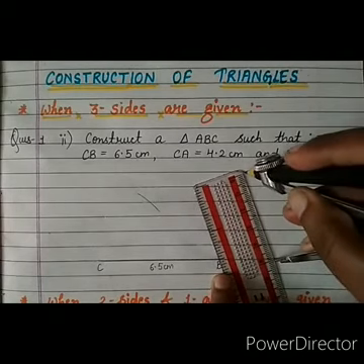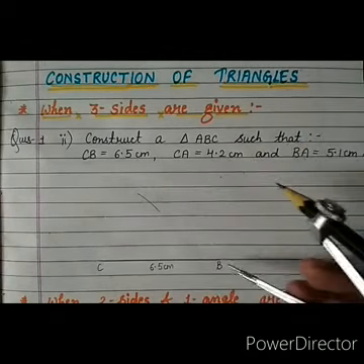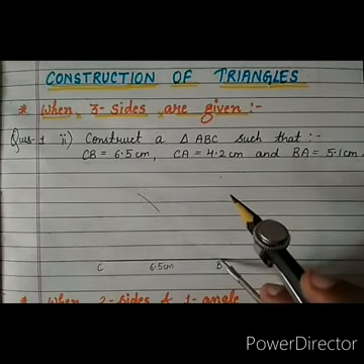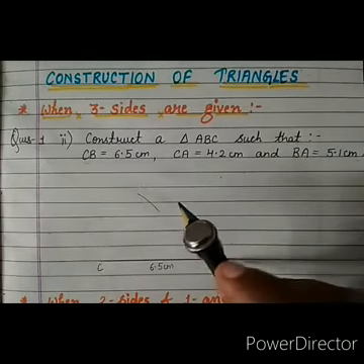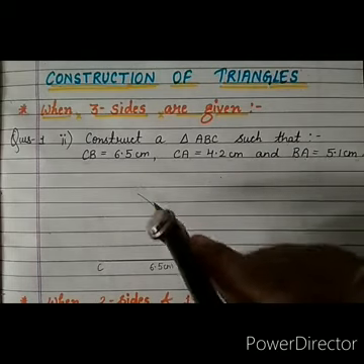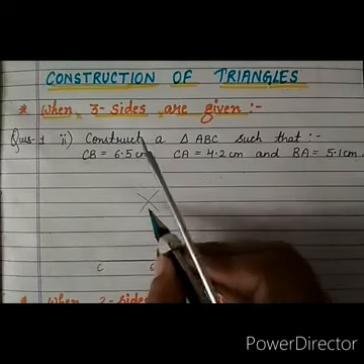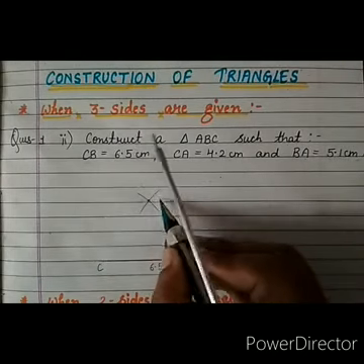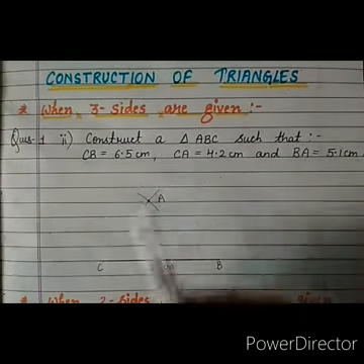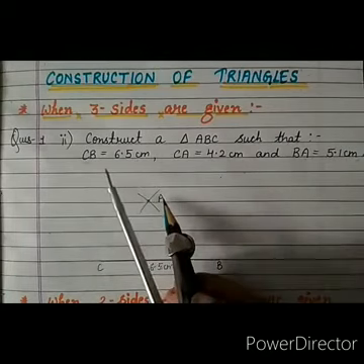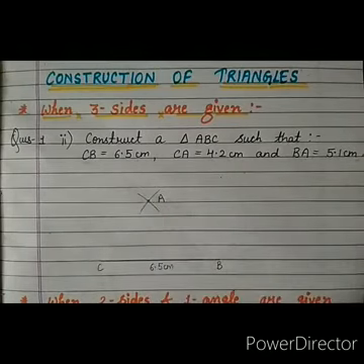and for constructing the other side, that is BA, we have to measure 5.1 in the same way. And from point B, we have to make another arc which will intersect the previous arc in this way. So, here we have the intersection point, and let this point be A, which will be the third vertex of our triangle.